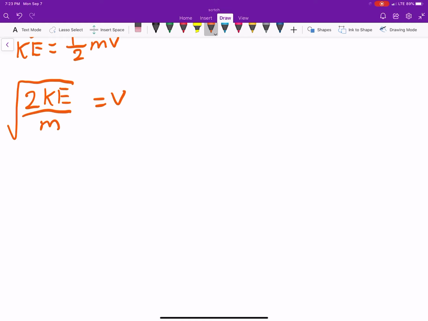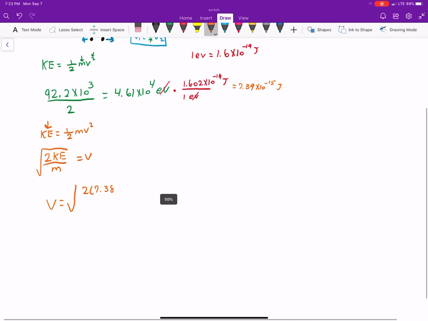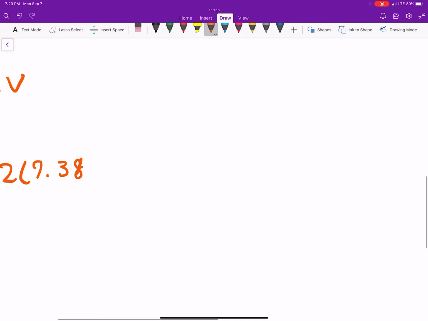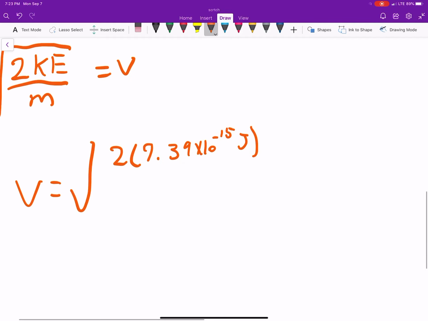So all we have to really do is plug it in. So velocity is the square root of 2 times 7.39 times 10 to the negative 15 joules. We need the units to be in joules here because we want our speed to be in meters per second.